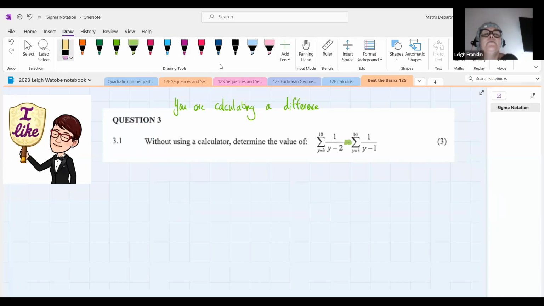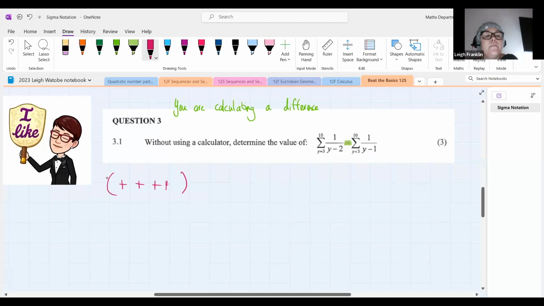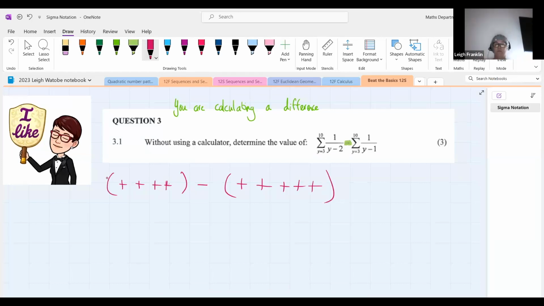The difference between two things, two sums. So in other words, what you've got is a bunch of things that are adding up to one another. And then you're going to minus another bunch of things that have added up to each other. Does that make sense to everybody?